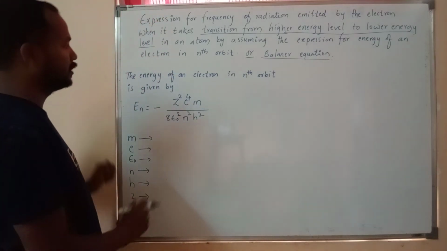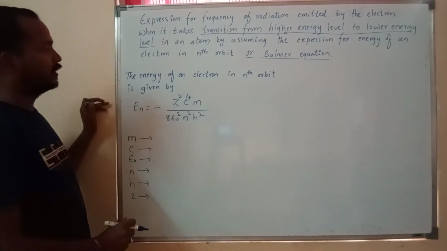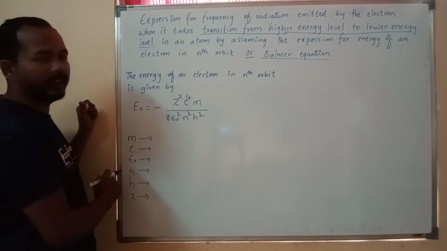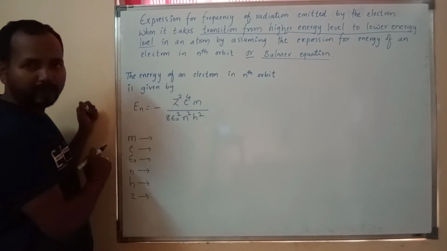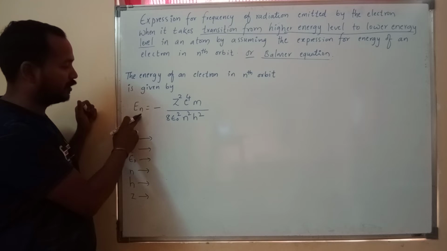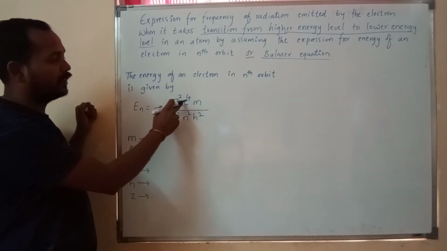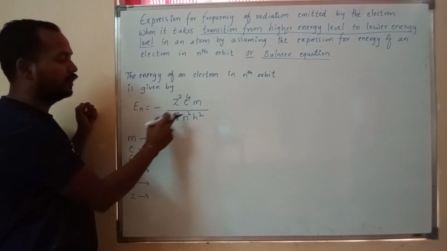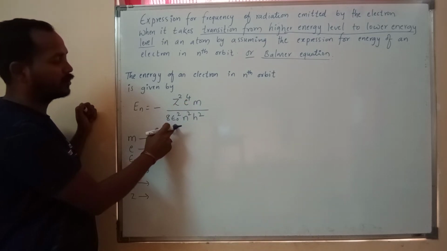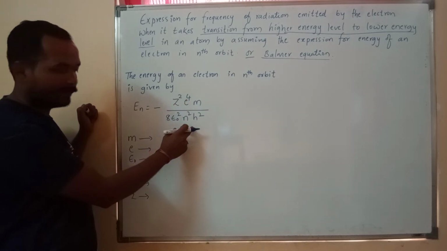To derive this equation, we have to consider that the energy of an electron in the nth orbit is given by En is equal to minus Z square e raised to 4 m divided by 8 epsilon naught square n square h square, right?